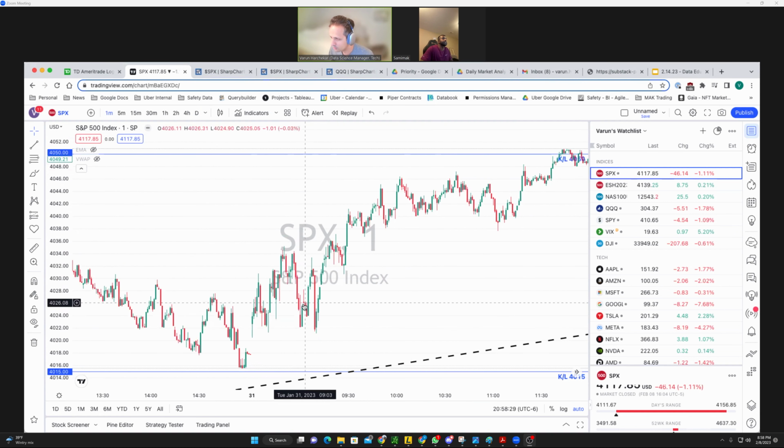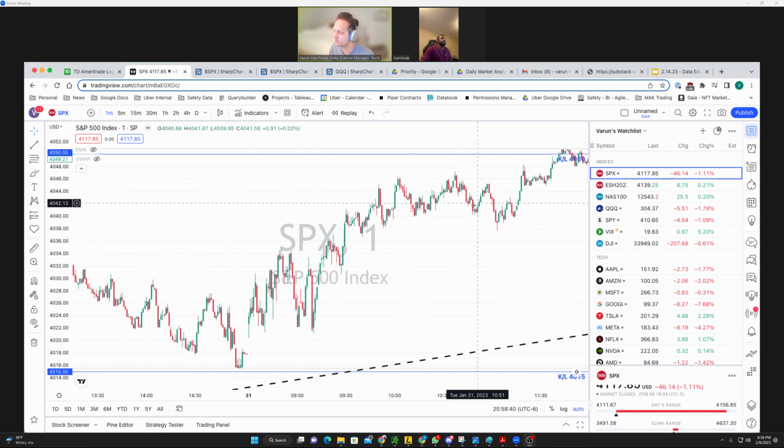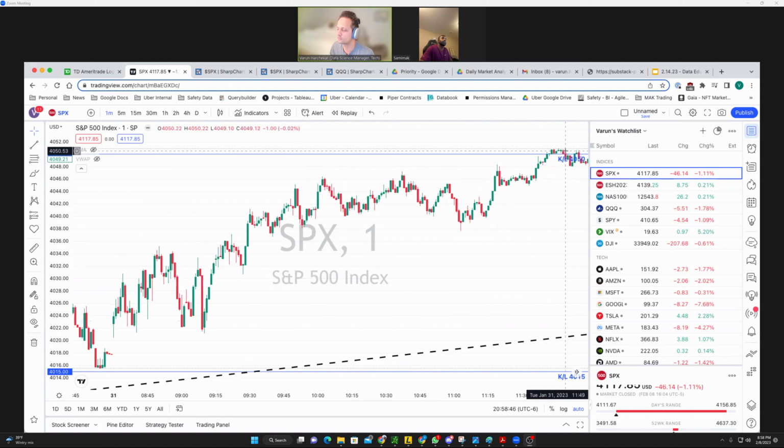Then went down, basically big red candles. But this is still a higher low from where we closed here. And then we trended up the entire day. We bottomed at like 9:09, and then we trended up the entire day. It was a trend day. That's the 31st.